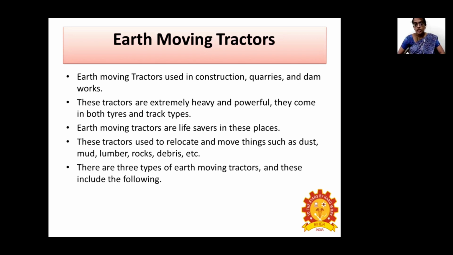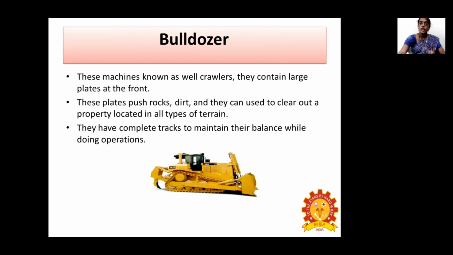So there are 3 types of earth moving tractors, and these include the following. First one is the bulldozer. As you can see, the bulldozer is known to be a well traveler, because it doesn't have a tire type mechanism.